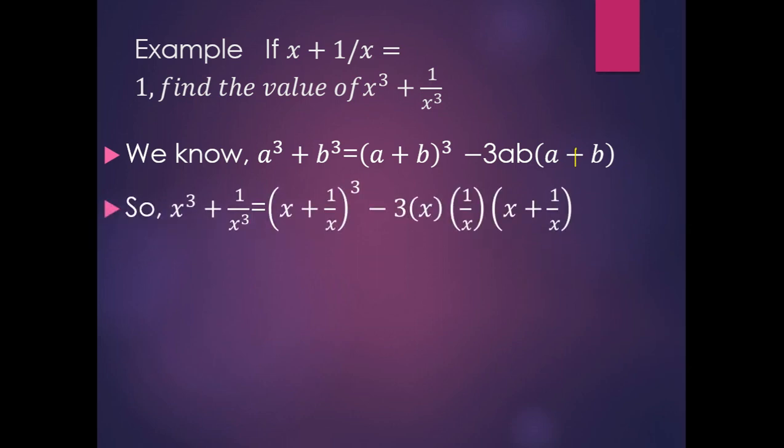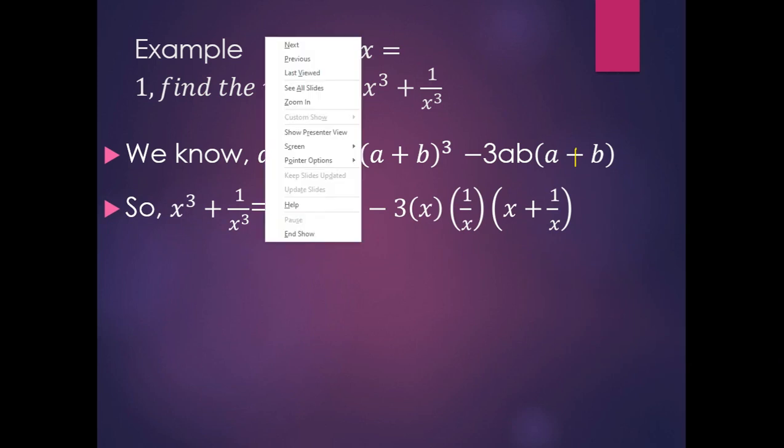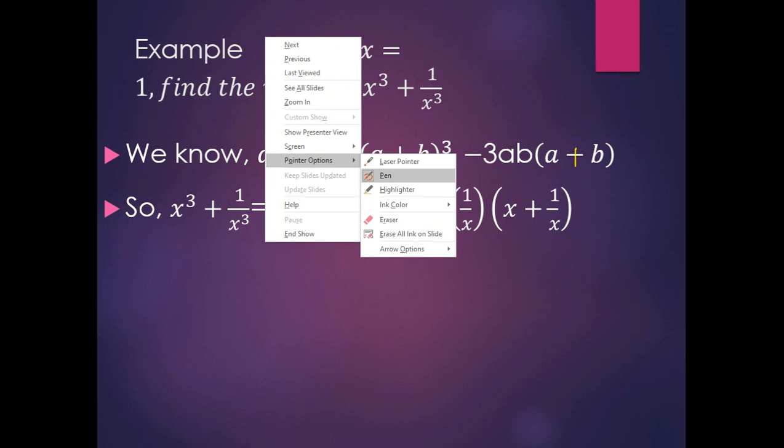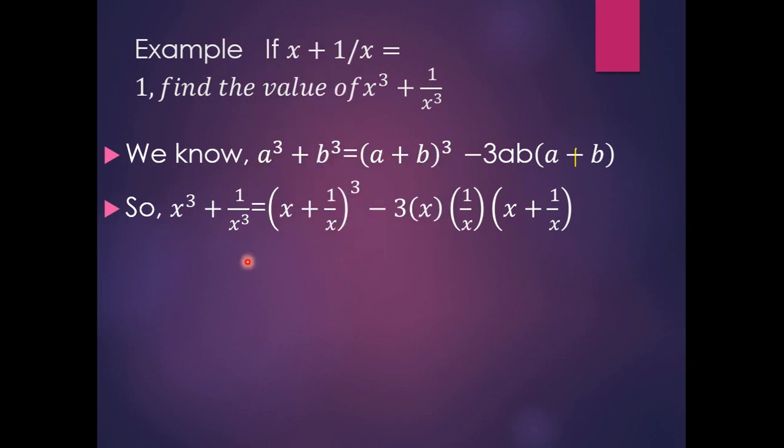So in this also a cube plus b cube, in place of a cube plus b cube we have x cube plus 1 over x whole cube. So using this formula, a cube plus b cube equals a plus b whole cube minus 3ab times a plus b.